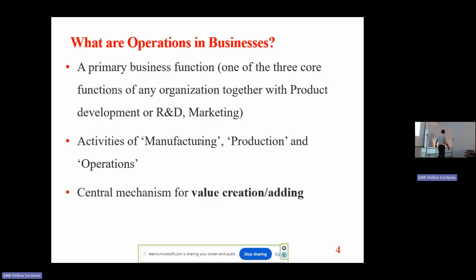Through that also businesses can add value to the product or service they sell. So at the point of sales and after sales, we can add value.